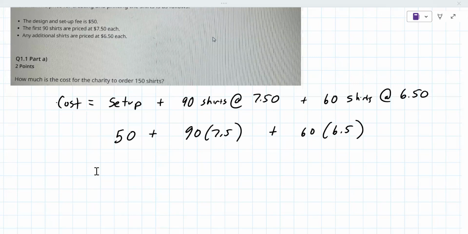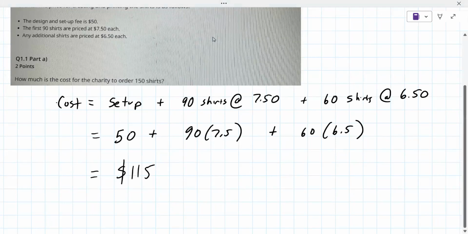I got $1,115. I agree, and that's what they're looking for here for part A.